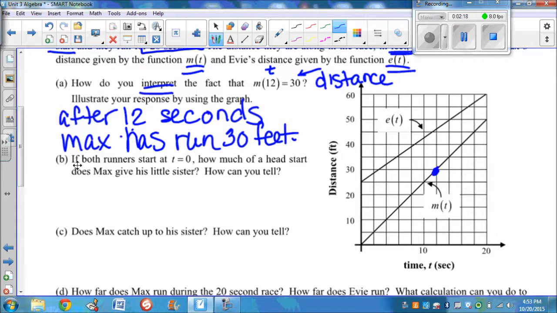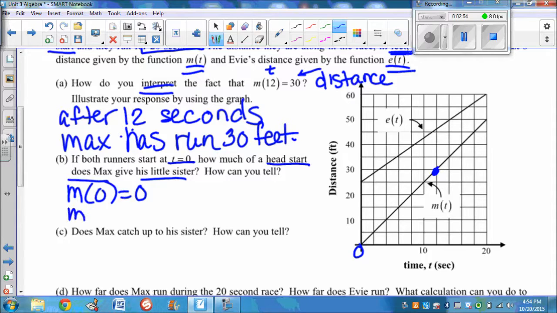It says if both runners start at t equals 0, how much of a head start does Max give his little sister? So here's our t of 0 right here in the corner, and this is Max, and this is Evie. How much of a head start did he give her? You can see this distance in between. So for Max, m of 0 is 0.